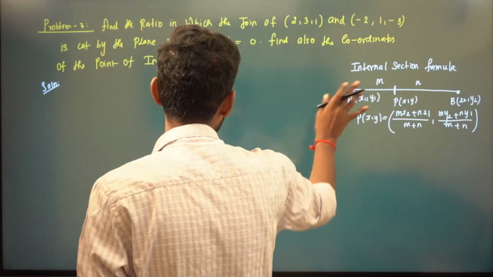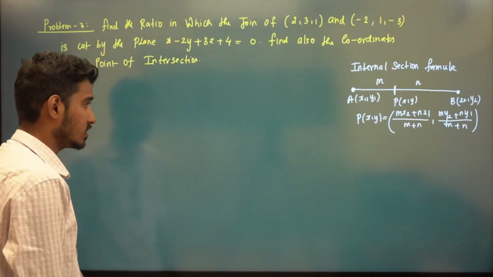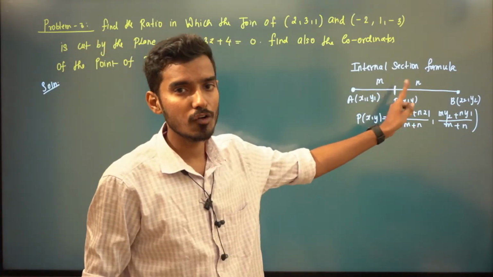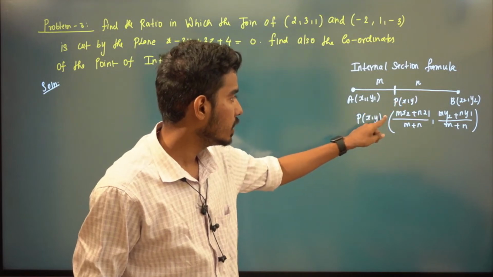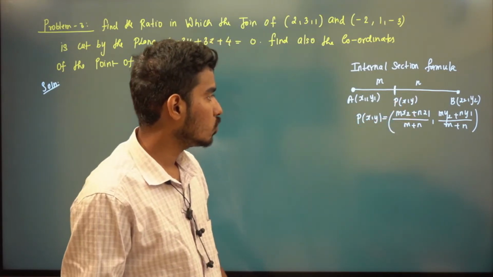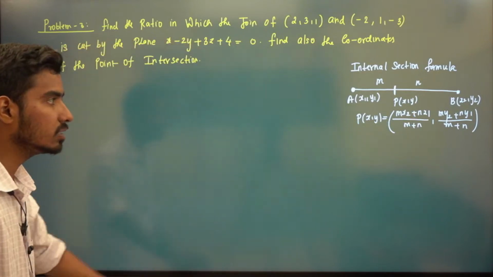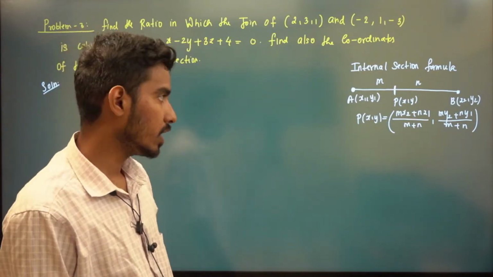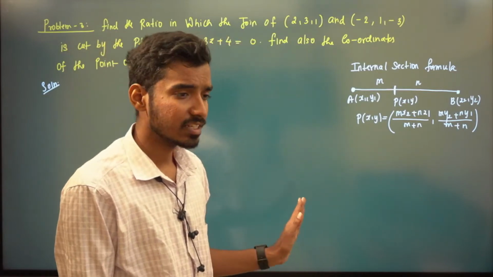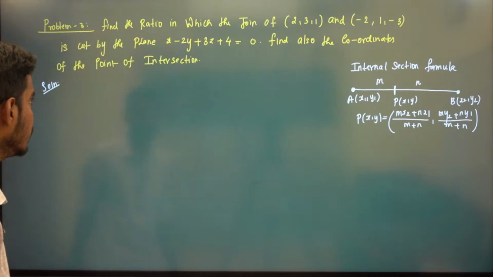As of now, we'll stick only to this. If any point P divides the line in the ratio of m is to n, then the coordinates of P are given by (mx2 + nx1)/(m + n). This is for 2D, and similarly we will extend this to 3D. As of now, you just remember this.